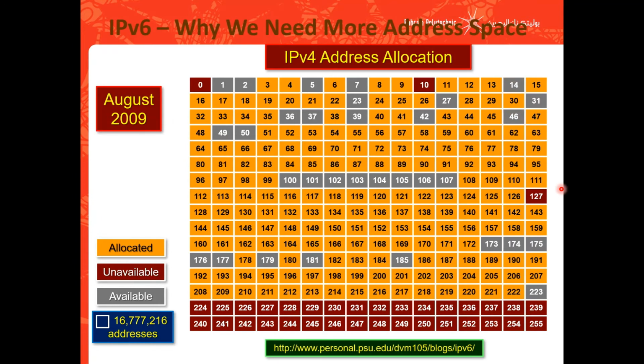Moving on, in 2009, we can see almost 95% of the available addresses were then allocated. So we only had a few remaining back in 2009.